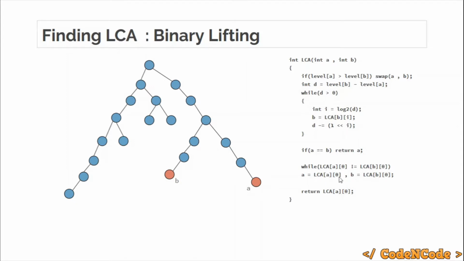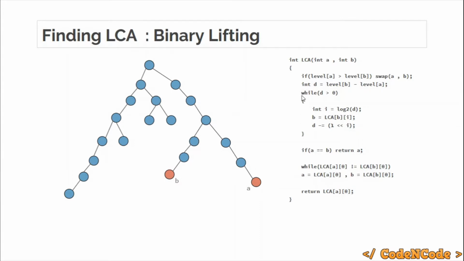The problem here, why we can't make a jump of length greater than 1, is because we don't actually know at what distance the LCA exists. Since we are at this point, A and B are on the same level, right? But we don't know at what distance the LCA exists. The LCA is at 1 distance or 2 distance, we don't know.